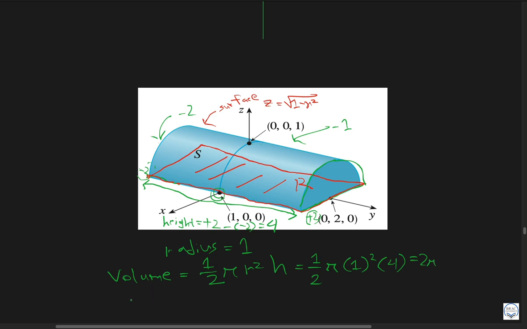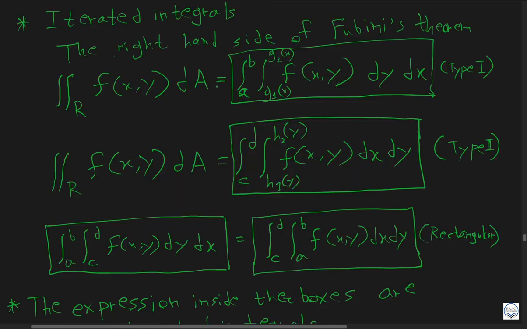So 4 by 2 is just 2 and 1 squared is just 1, so this is nothing but twice pi. And therefore the double integral over this region of square root of 1 minus x squared dA must also be equal to twice pi.